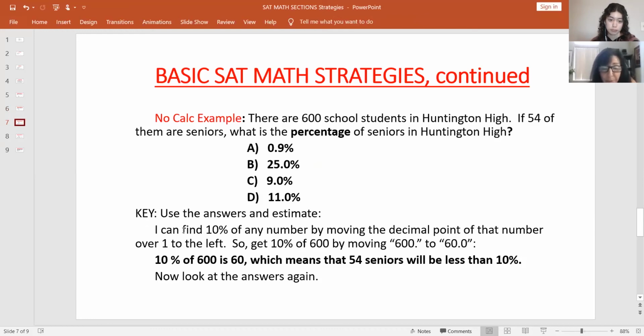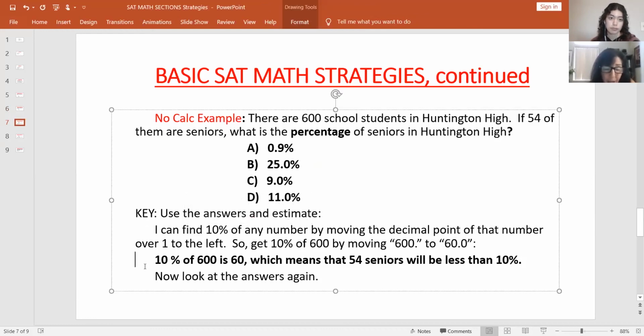For any given percentage problem, I can find 10% of any number. I'm sure you've learned this, at least some of you have, but remember, by moving the decimal point of that number over 1 to the left. So to get 10% of 600, you move the decimal point and get 60.0. So what does that mean?